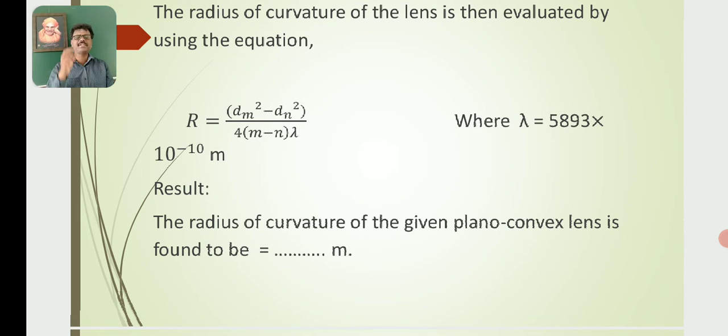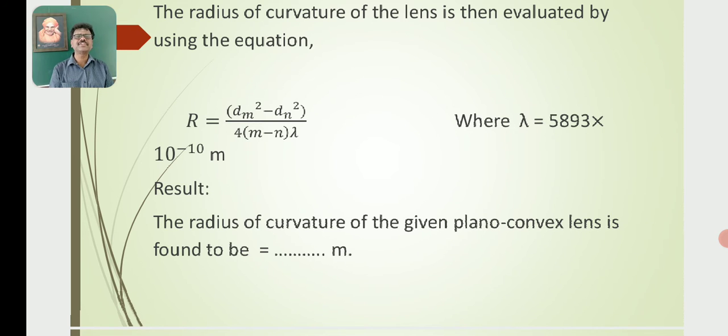The radius of curvature of the lens is then evaluated using the equation R is equal to dm square minus dn square by 4 into m minus n into lambda, where lambda is equal to 5893 into 10 power of minus 10 meter, 5893 angstrom. Then by substituting all those values in the above expression, calculate the radius of curvature of the given plano convex lens.